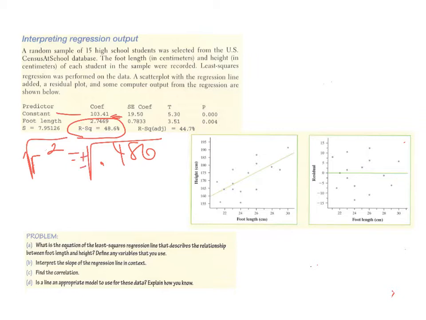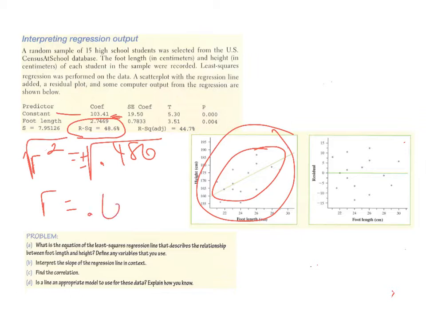What we don't know is if this is positive or negative. But when I look at my scatter plot over here, I can see that it is a positive association. So I know that r is 0.697, not negative 0.697.